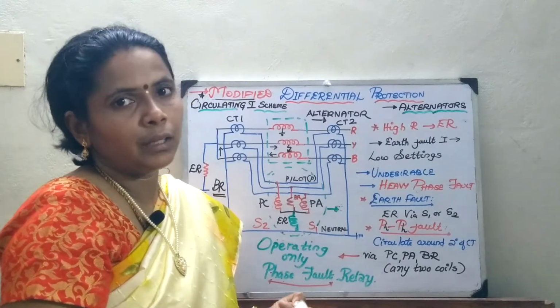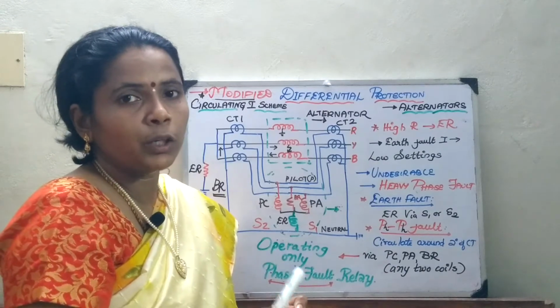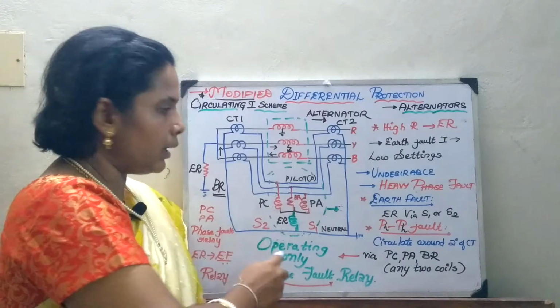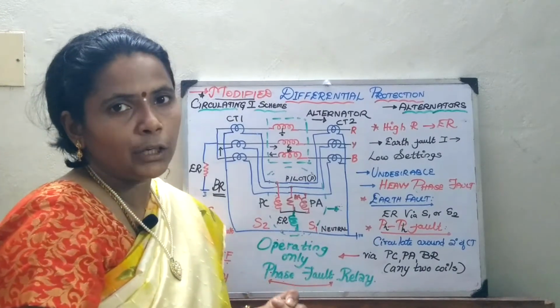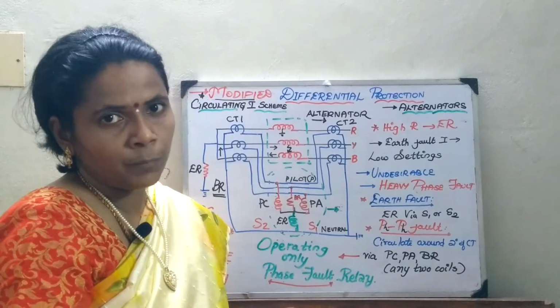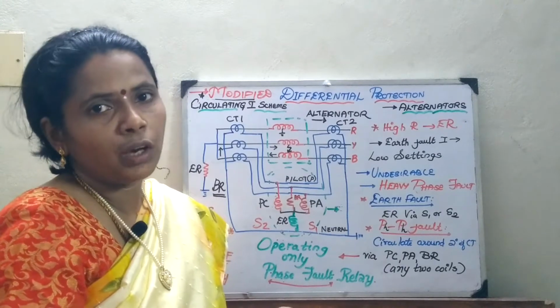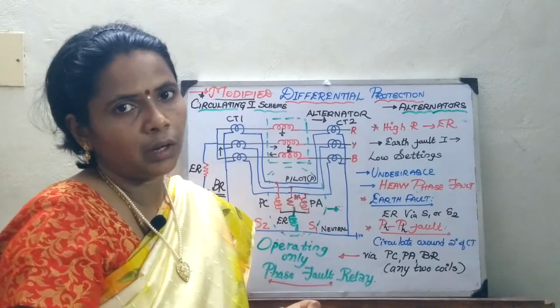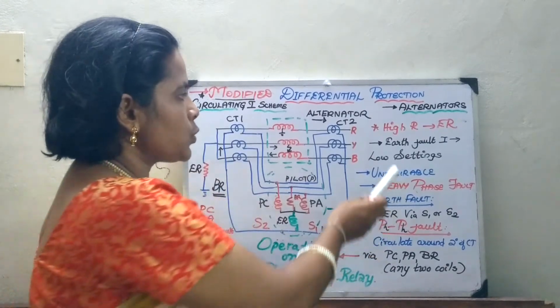There comes the difficulty, because for the earth fault I provide a very high resistance, so the relay setting will be of a very low value. But that will not suit the phase-to-phase fault, where you have a heavy magnitude of current to flow through.